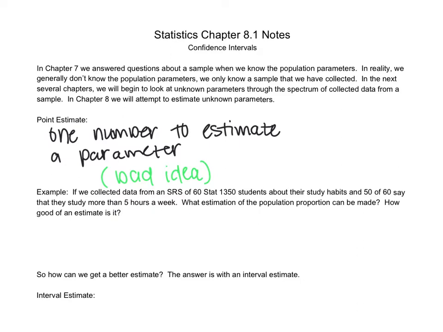But if we only use one sample to estimate a parameter, we know that this could be really far above or really far below the actual parameter, which is why it's a bad idea.